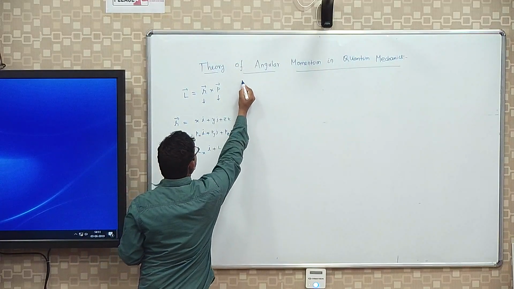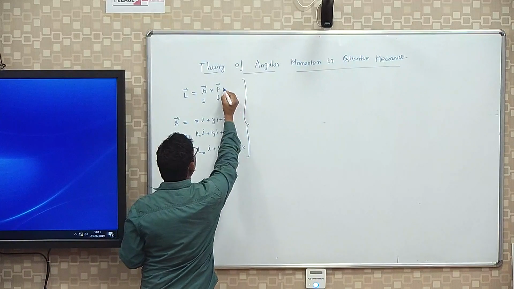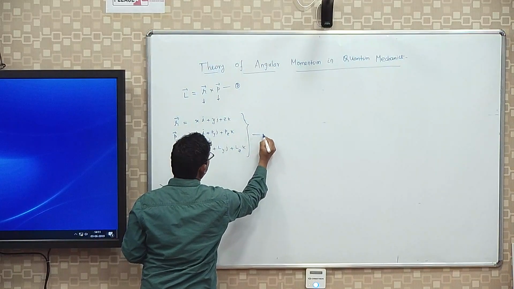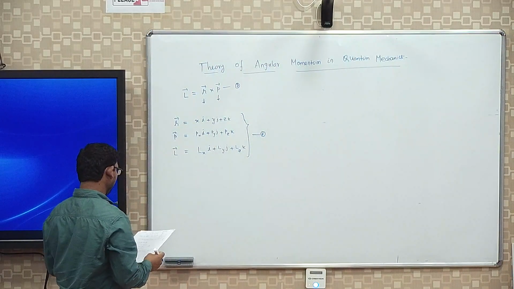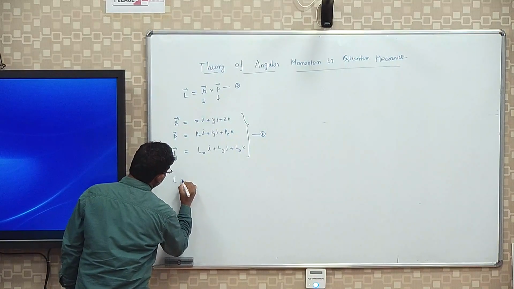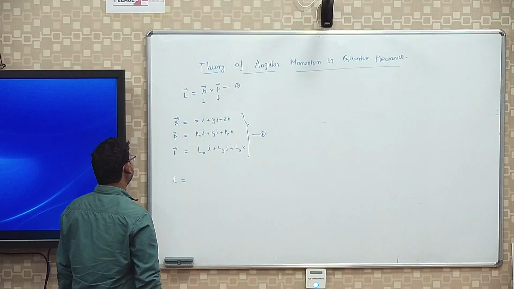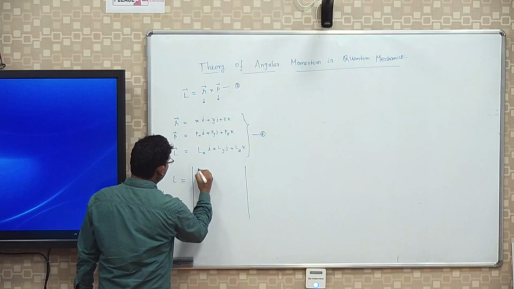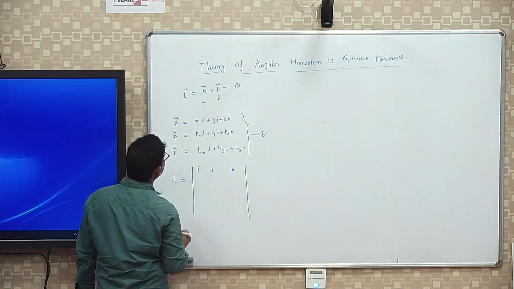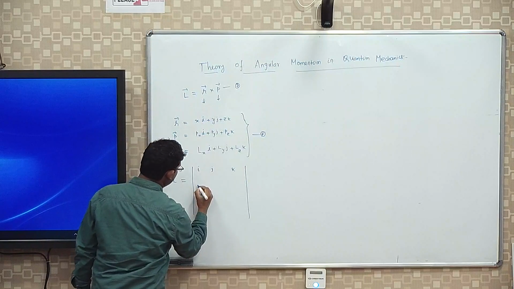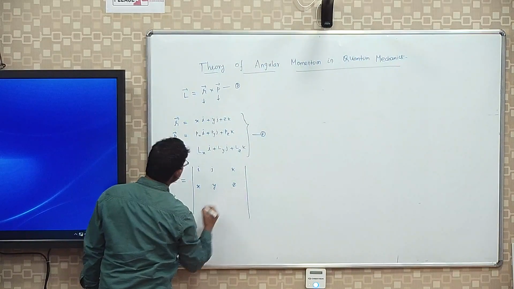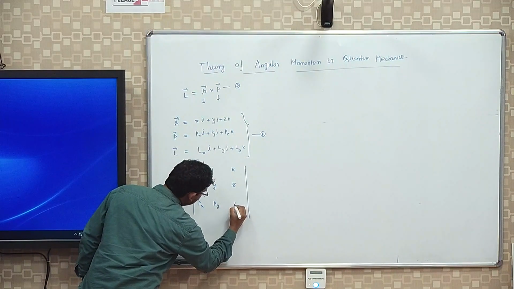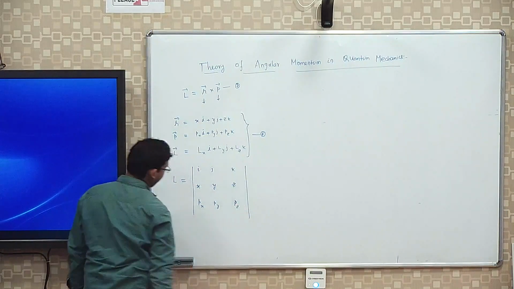By using all these equations, the total angular momentum L can be written in vector form, matrix form: i, j, k, and the position vector is x, y, z, and the linear momentum is nothing but px, py, pz.